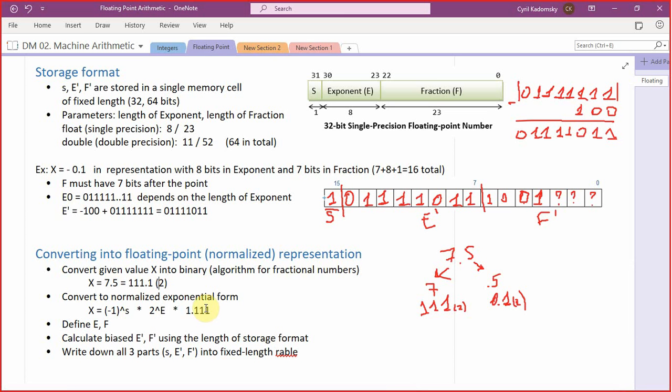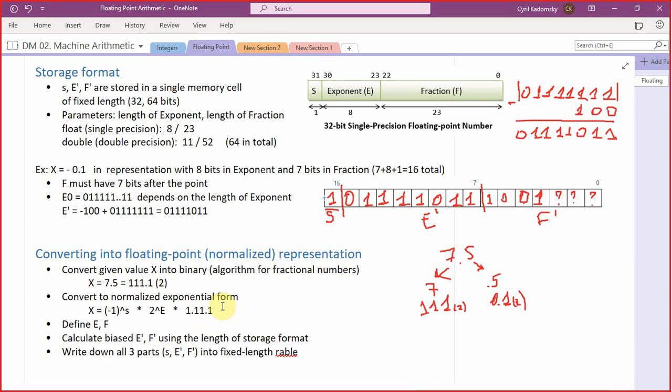The exponent is for multiplying by 2, so we just ask how many times we should multiply by 2 to get this number from this number. If we multiply by 2 just once, we obtain this. 2 times, we obtain this. Exactly what is needed.